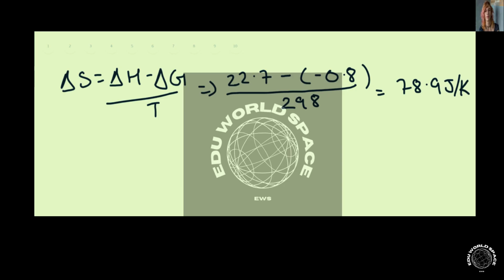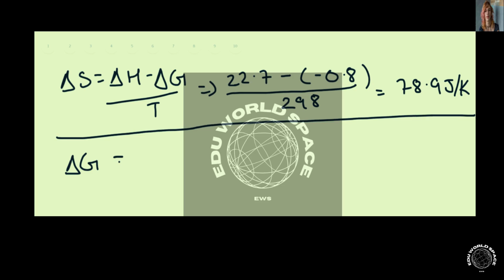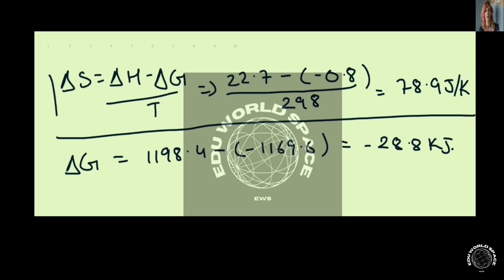Calculating the same for MgSO4, we have delta G values. Let me make a line. So delta G equals negative 1198.4 minus negative 1169.6. Delta G turned out to be negative 28.8 kilojoules. Using the same formula as for delta S, substituting the values, we have negative 91.10 minus 28.8 divided by 298.